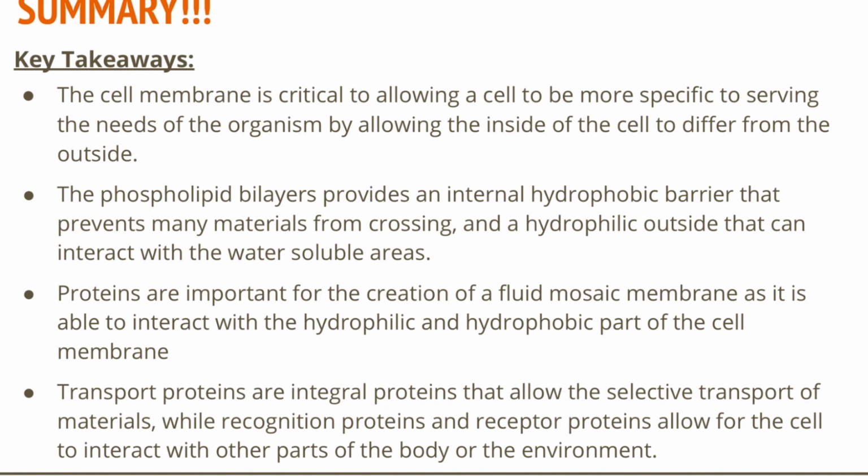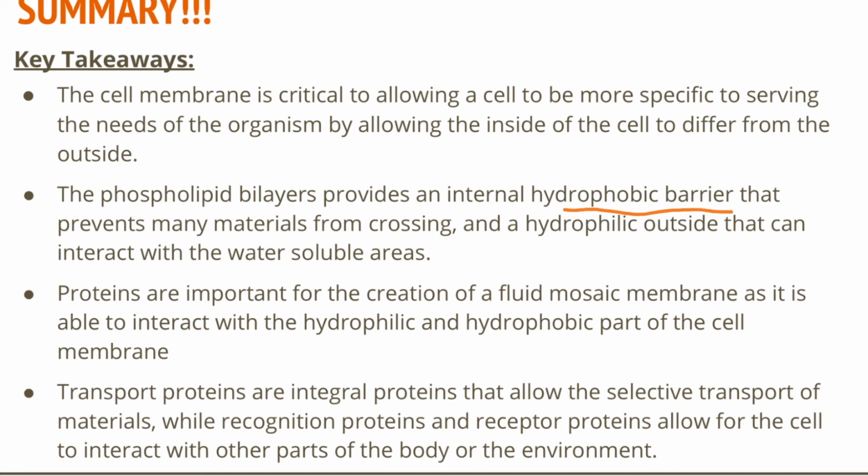But basically, our main takeaways in terms of the material you should know for this unit is that cell membranes are very critical for allowing a cell to be specific to serving the needs of the organism. And the phospholipid bilayer allows the cell membrane itself to be selective because it has an internal hydrophobic barrier that prevents a lot of materials from crossing that are naturally found on the inside of the cell and the outside of the cell.